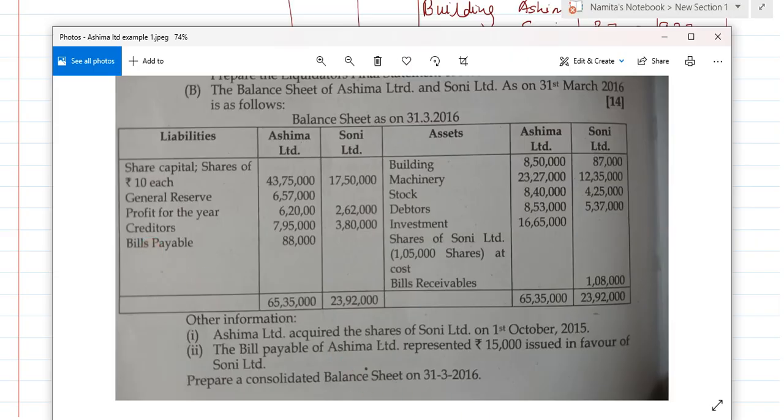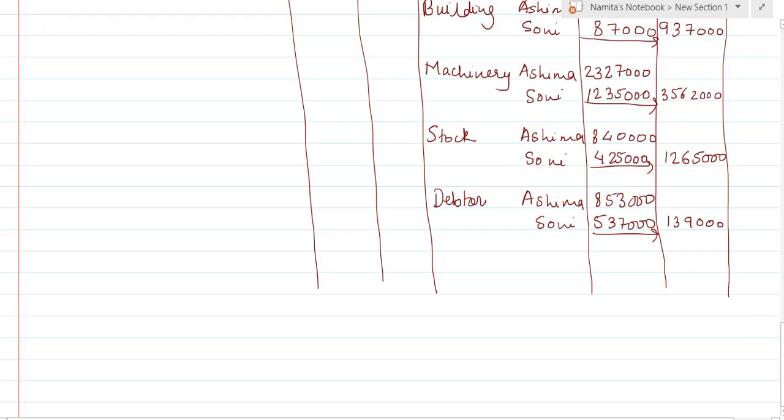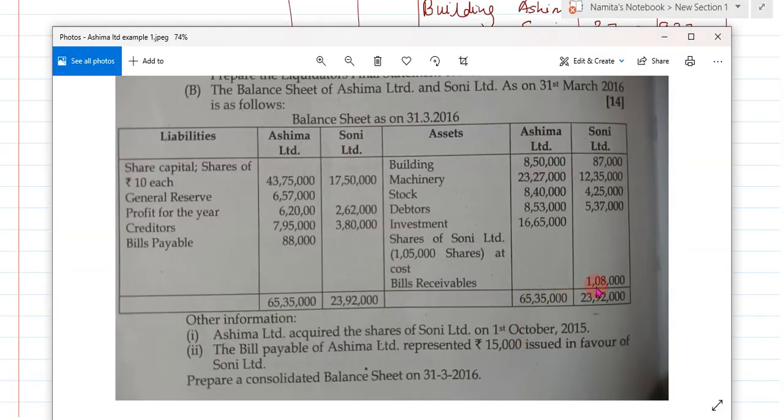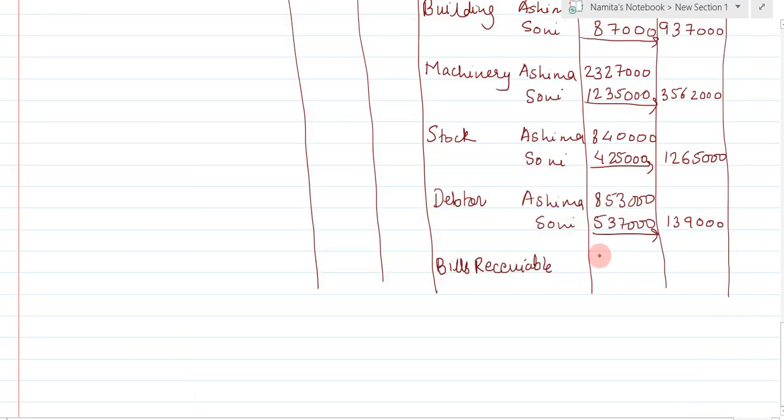nothing but intercompany owing. So write bills receivable. Here we have only Sony Limited bills receivable, that is 1,08,000.